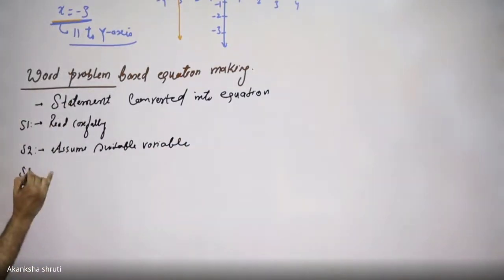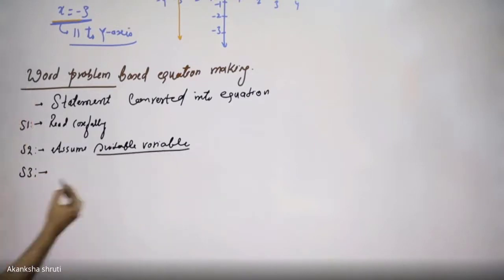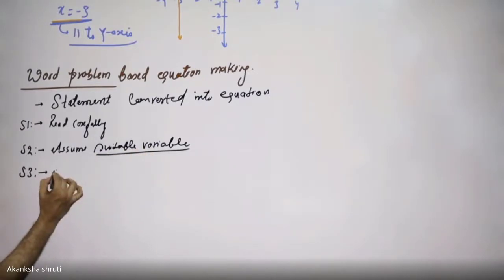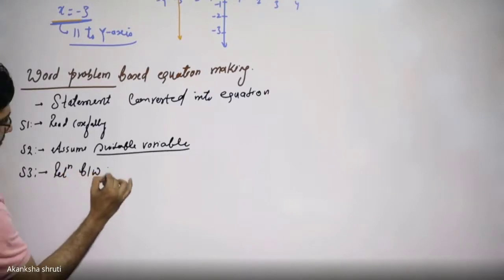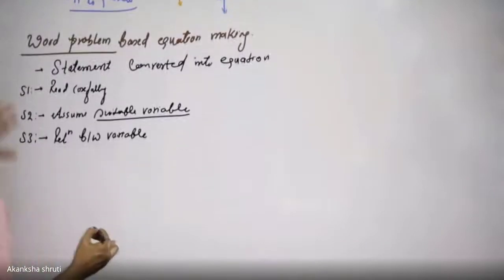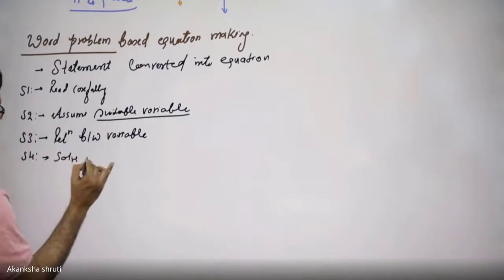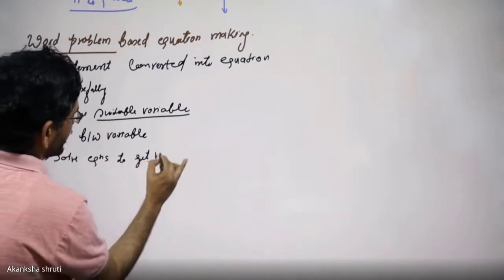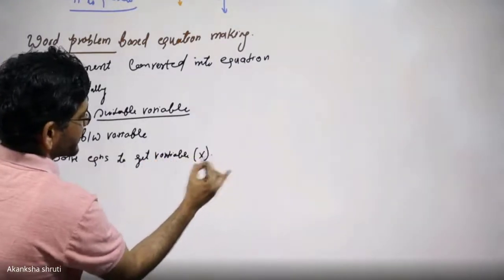Then the next step is to bring the relation between the variables that we have assumed. Only these are the three things. Students, in class 10th, we will go one step ahead: solve these equations to get the variable values. This we will learn in class 10.